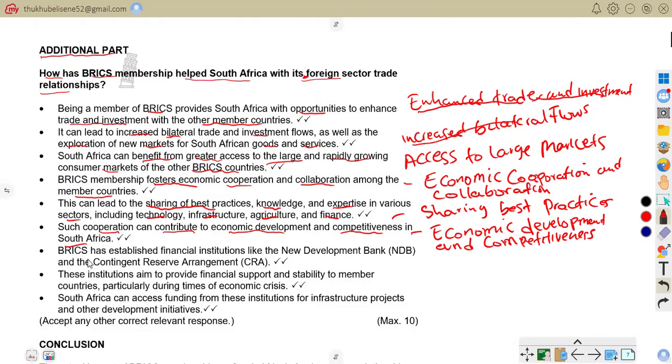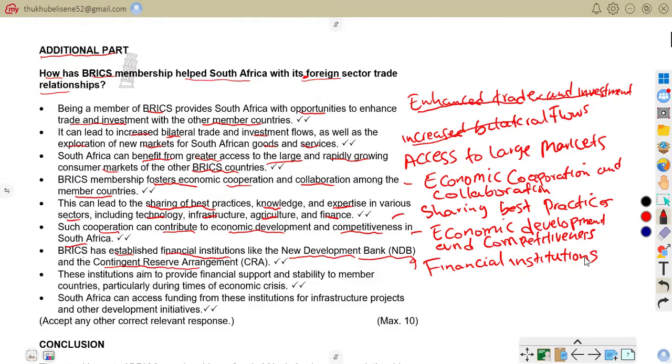Also, BRICS has established financial institutions like the New Development Bank and the Contingent Reserve Arrangement. So now we are talking about financial institutions.